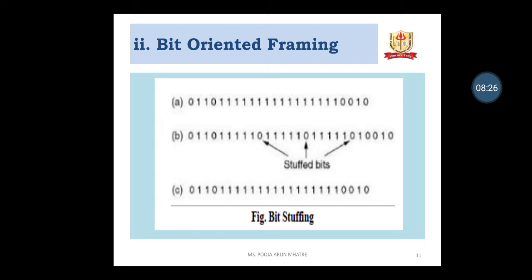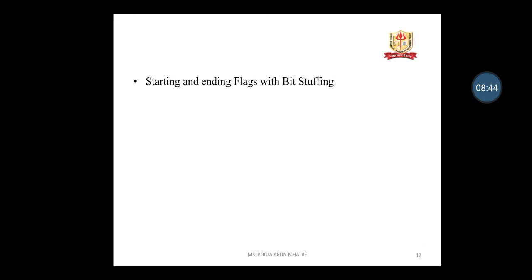So the bit stuffing bits are added, and the receiver knows that after five consecutive 1s the bit added is 0. So when the receiver receives the bits, it unstuffs that 0 and gets the original data.